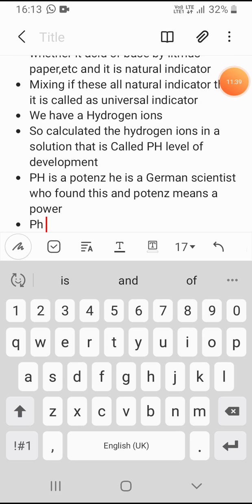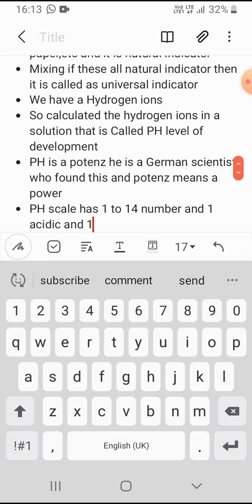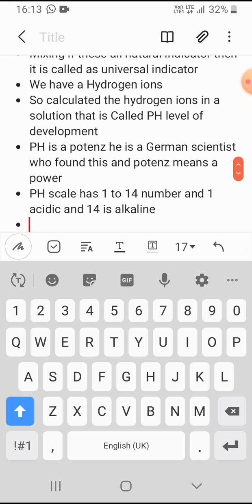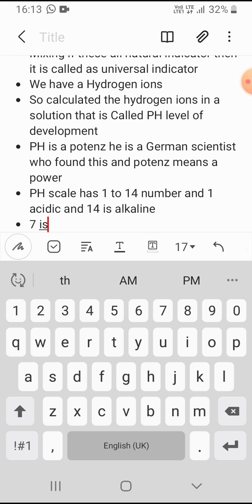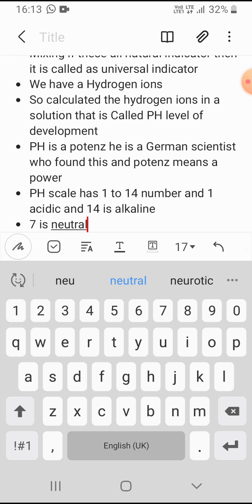The pH scale has numbers 1 to 14, where 1 is acidic and 14 is alkaline. 7 is neutral, meaning it is neither acid nor base.